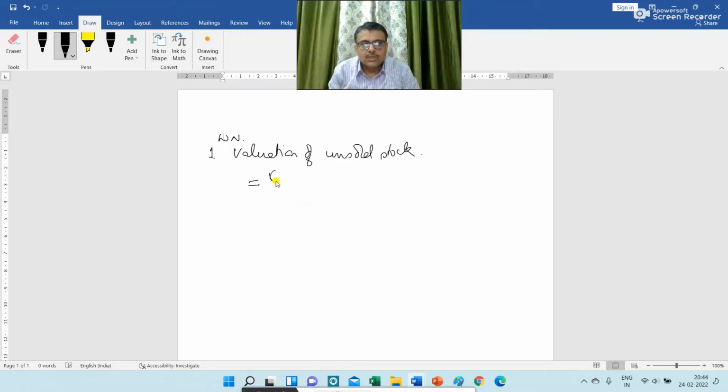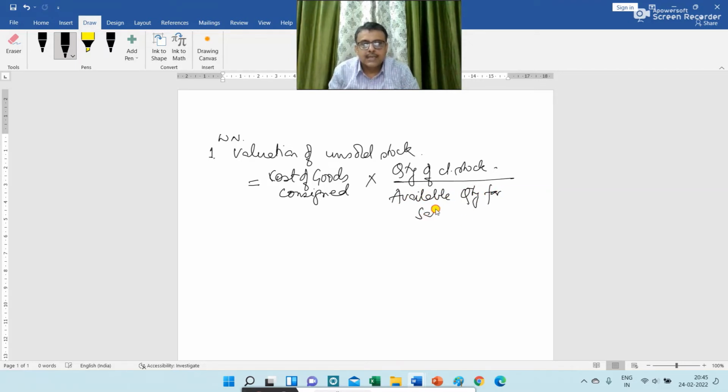Cost of goods consigned, I have already discussed in my previous lecture on consignment that when there is a normal loss, the valuation of unsold stock will be calculated like this: cost of goods consigned into quantity of closing stock divided by available quantity for sale.